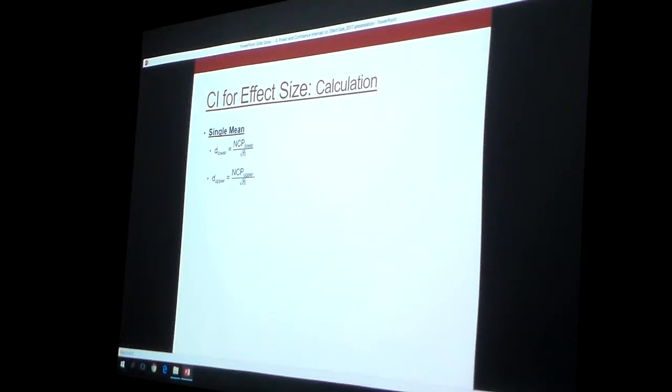But let's say now that we want to calculate a confidence interval around that effect size. What do I need to do first?